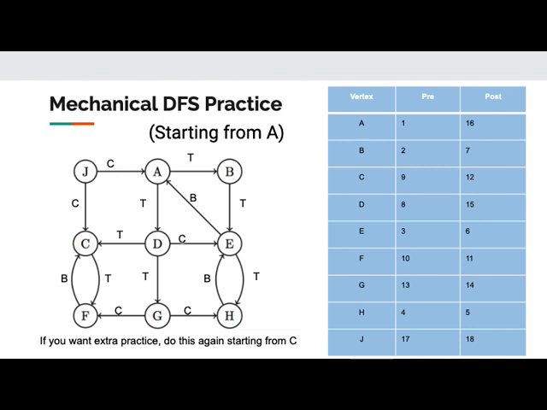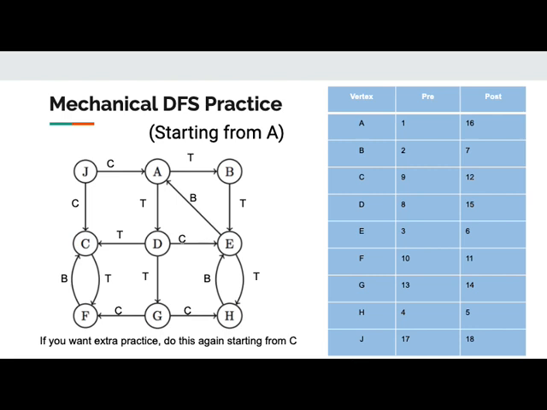A lot of people ask me what the different types of edges are and what they mean. I'm gonna explain it here once again because it can be very confusing. The most important thing is that all the edge types are related to the DFS traversal tree. For this graph, there are many ways to traverse it, but let's look at two of them.